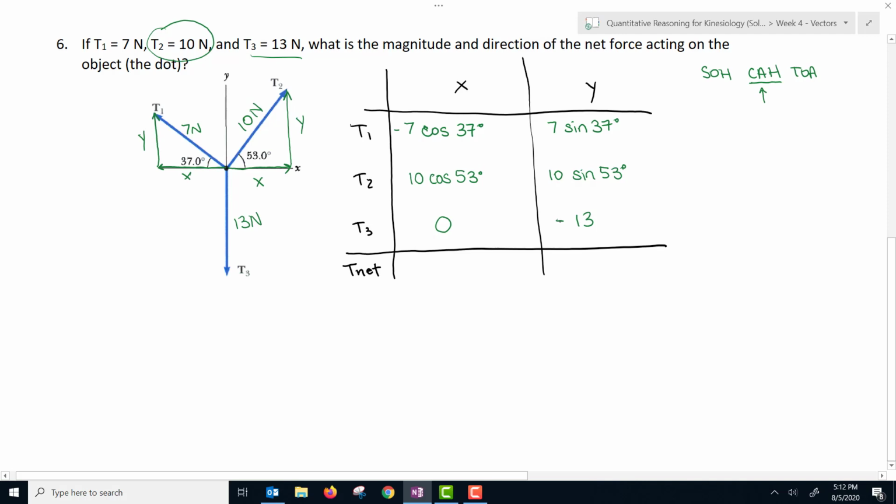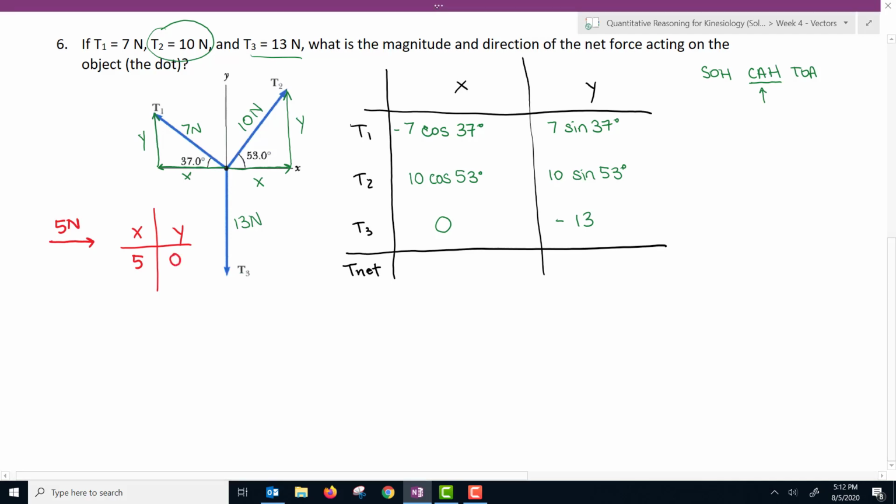Okay, so on the side, let's do some other examples that are like T3. Let's say we have a vector like this, that's 5 newtons. What's the x and what's the y? The x component would be 5 because it points to the right, so that's positive, and it doesn't go up or down at all. The y component then would be 0.